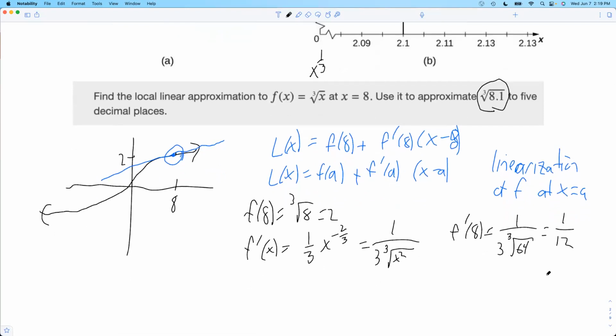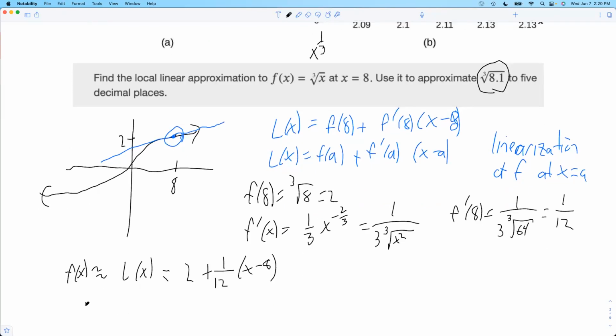Okay, then the linearization, or in other words, f of x is approximately equal to the function value at 8, 2, plus the derivative at 8, 1/12, times x minus 8.